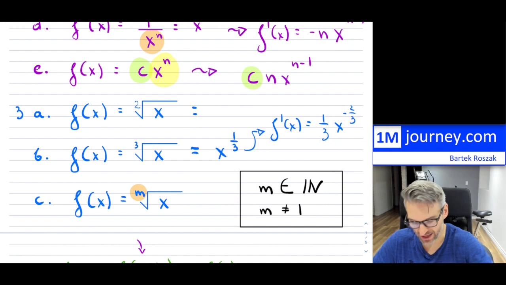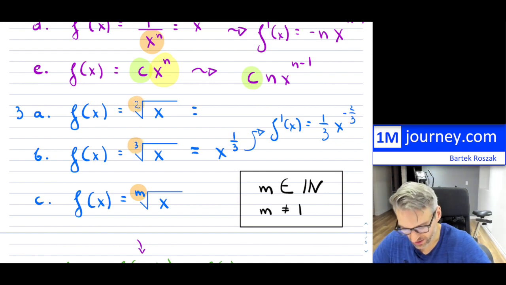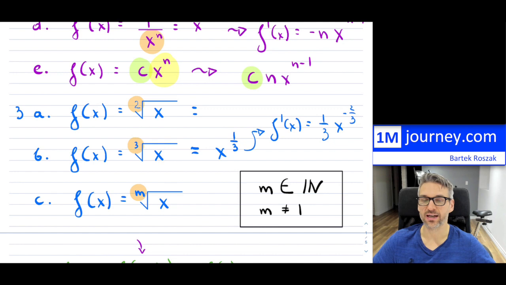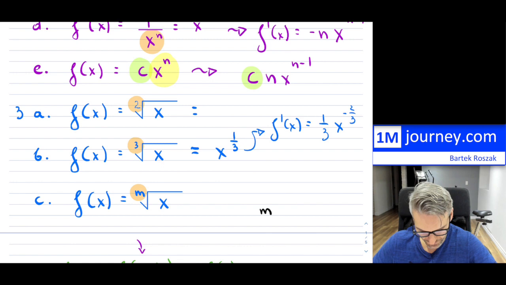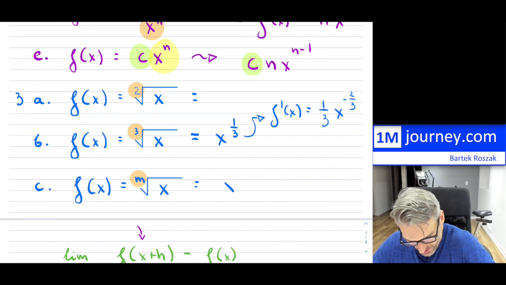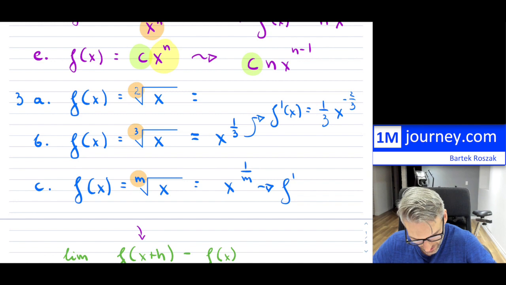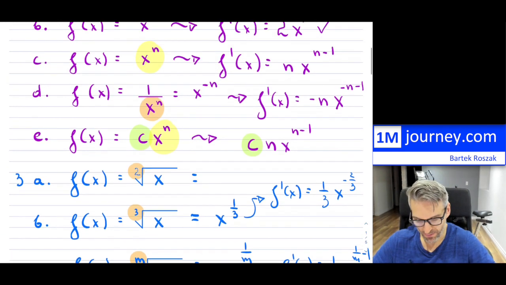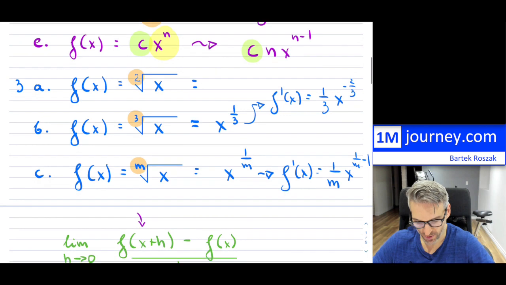So I'm going to assume that it's squared, cubed, to the 4th, to the 5th, 6th, etc. In those cases, the general case turns out to be x to the 1 over m, and taking the derivative is equal to 1 over m in front, and then you subtract 1 from the 1 over m. That is the pattern that you will notice for all exponents.